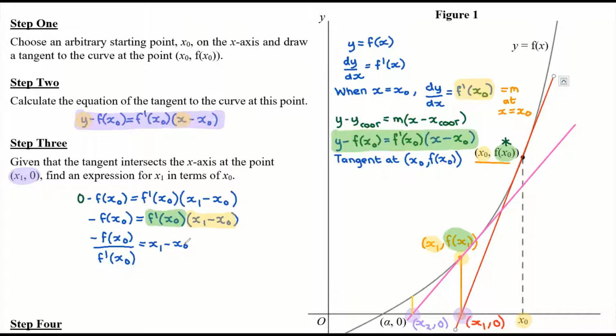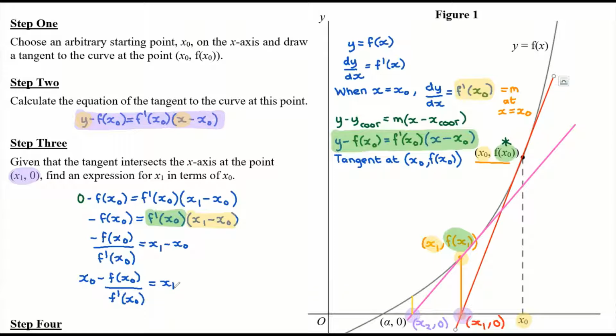Okay, and then if we add x naught to both sides, we've got an expression for x1. So that's going to give us x naught subtract f of x naught divided by f dash of x naught, and that's equal to x1.